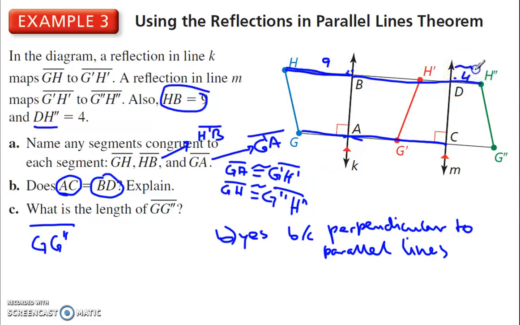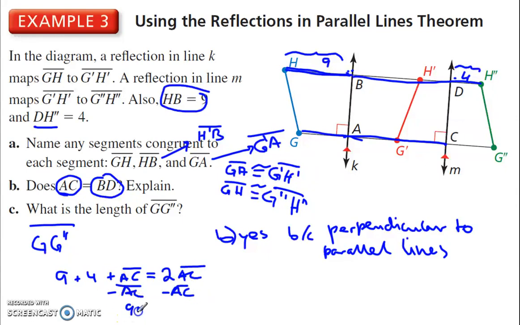We know that this plus this, 9 plus 4, plus A to C, B to D, let's call it A to C, is equal to 2 times A to C. Alright, subtract AC minus AC.